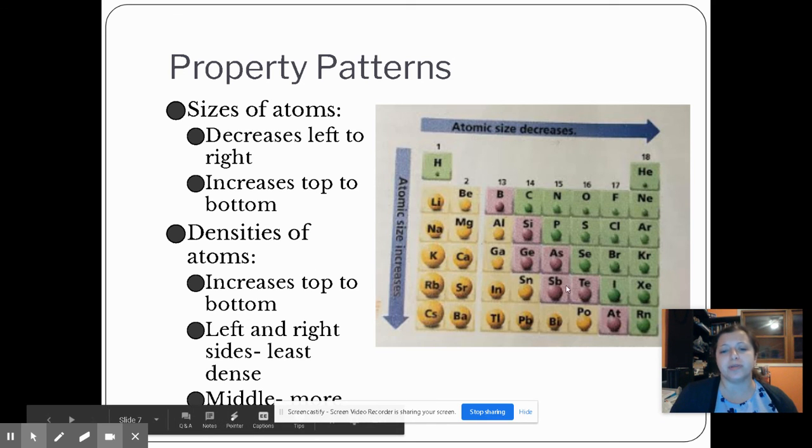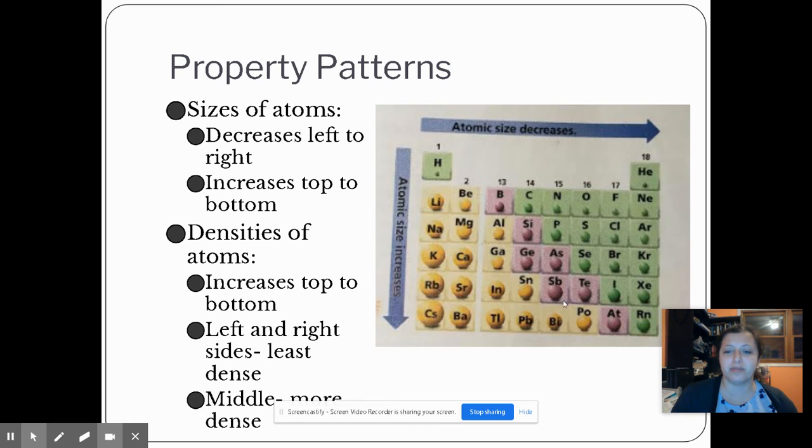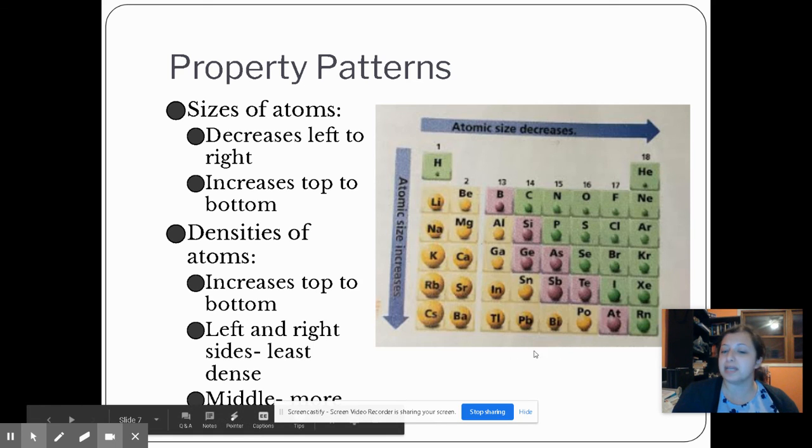You could say tin, you could say lead, you could say bismuth, you could say antimony, anything down and in the middle. If you were to say hydrogen, nope, hydrogen is not dense at all. Its atomic size is tiny and its density is tiny. But even though it doesn't say anything on here about density, you would know that it would be there.